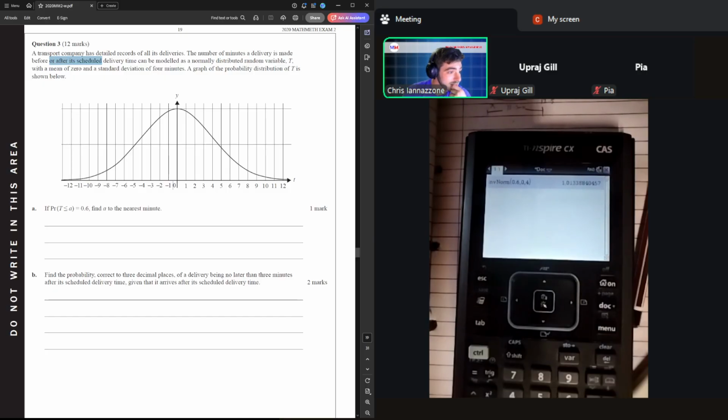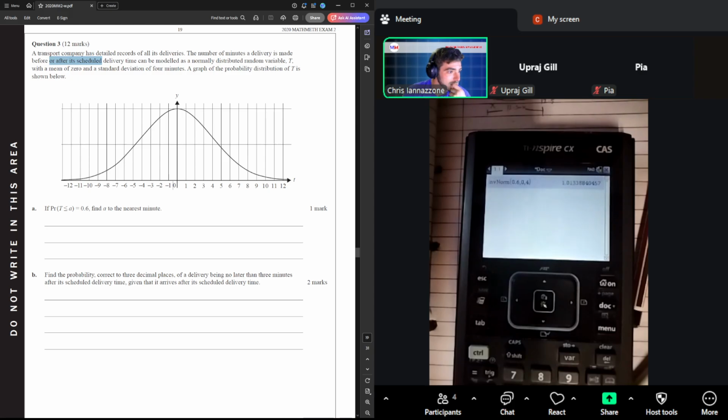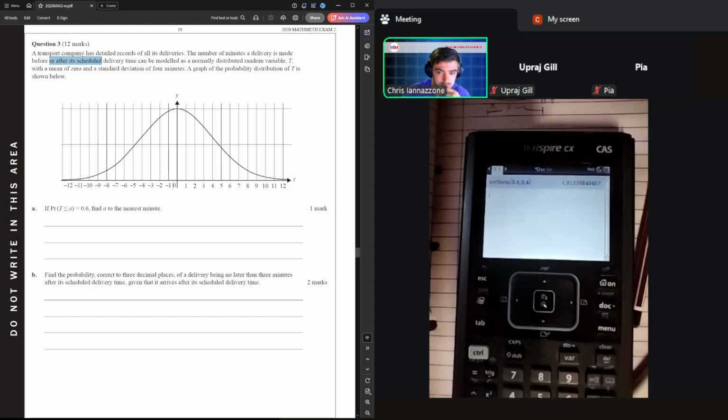Positive meant after scheduled delivery time. Huh. Yeah, that wasn't my intuition. My intuition would have been that positive means good and negative means bad. We'll go forward with the assumption that this is minutes after delivery. So positive means it is minutes after delivery. Negative minutes after delivery means it shows up earlier.